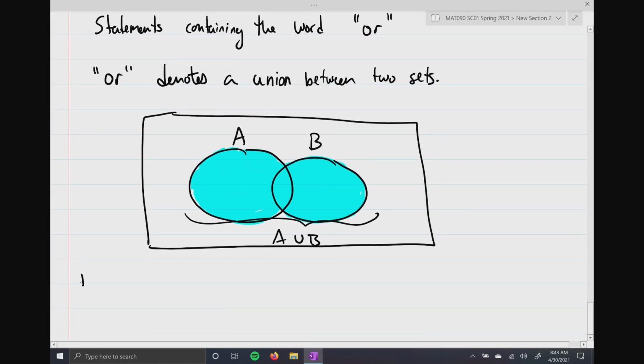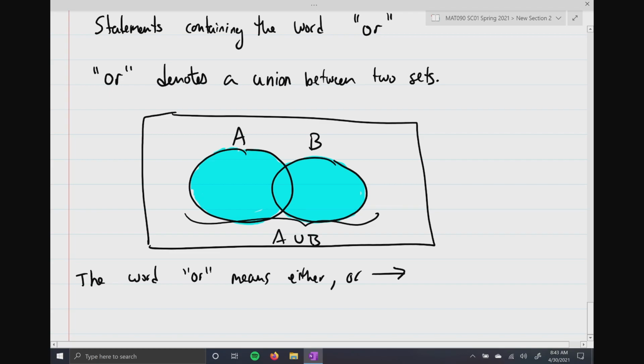The word or means either or. So I'm going to put a little arrow. All right, so the word or means either or.